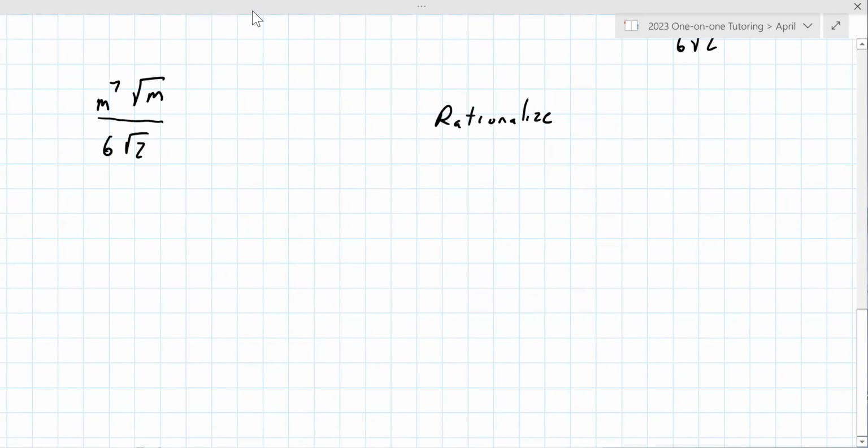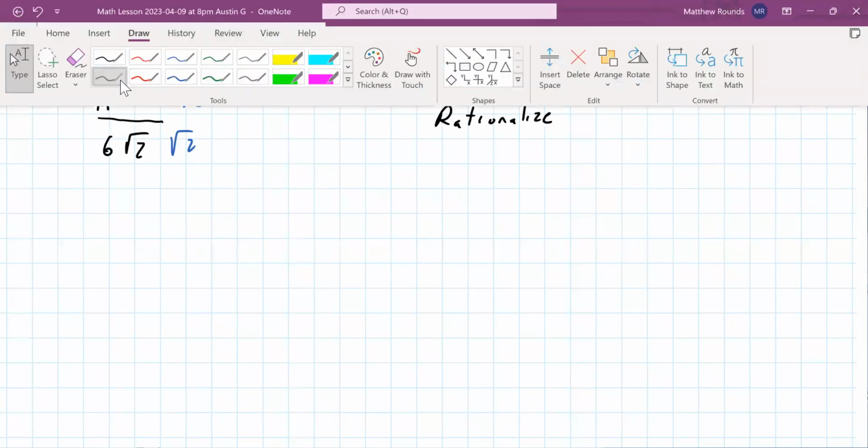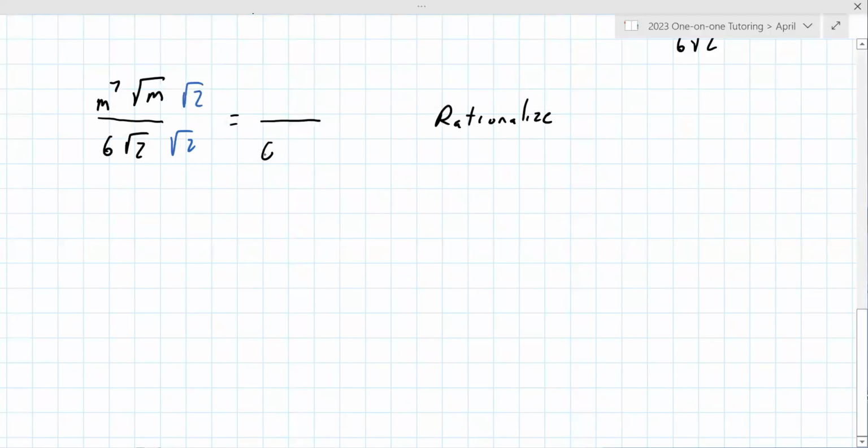So you do that by multiplying the top and bottom by the square root of 2, whatever you're taking the square root of on the bottom. You multiply the top and bottom by the same thing. The bottom becomes 6 times the square root of 4, the top becomes the square root of 2m. What's under the roots sneak together and multiply together.